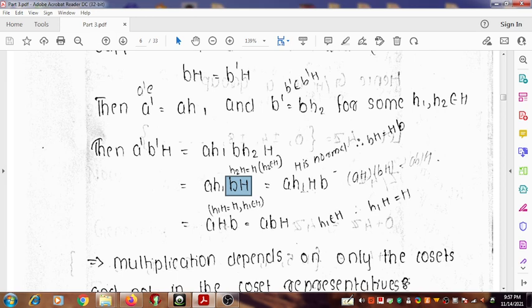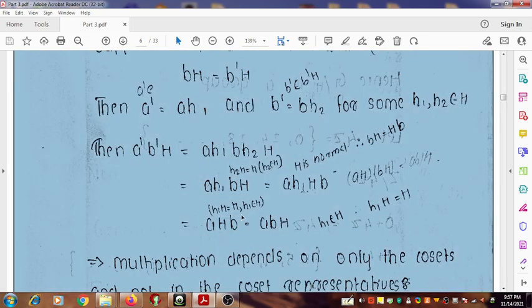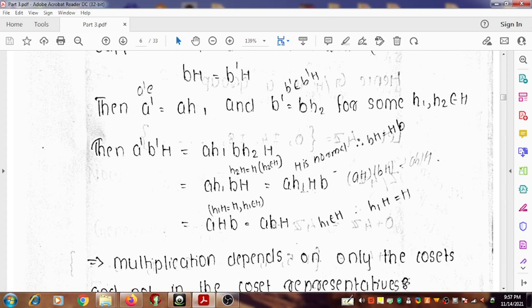Now we want to replace the HB part. Since B belongs to the group G, HB is equal to BH, and that expression is replaced by BH, and finally we get ABH.